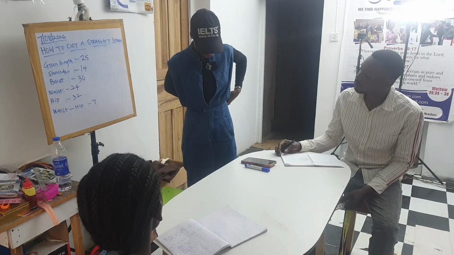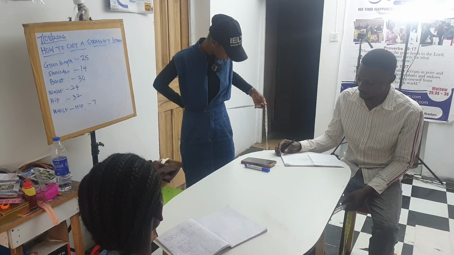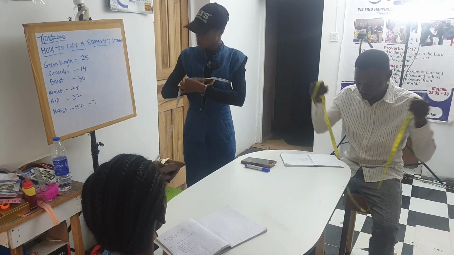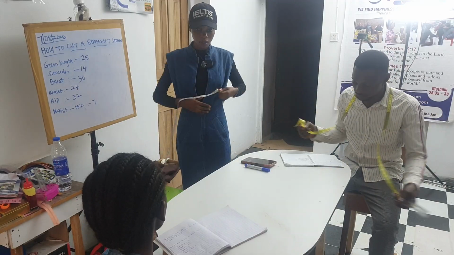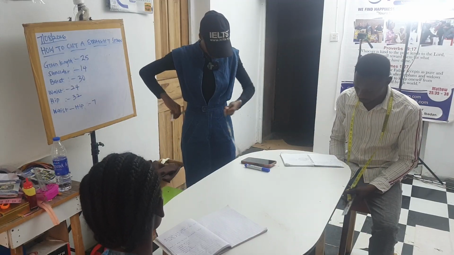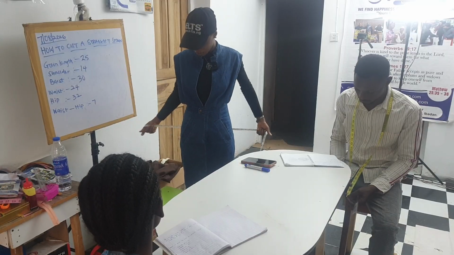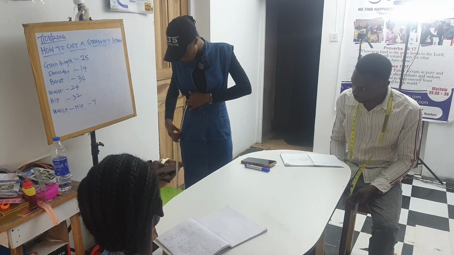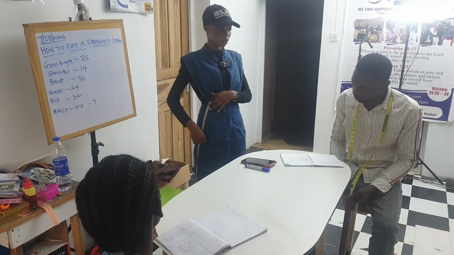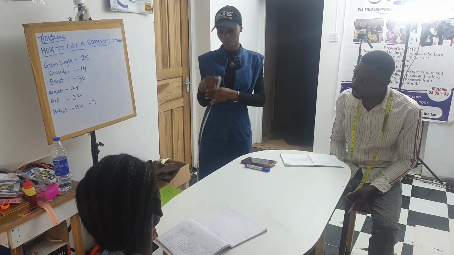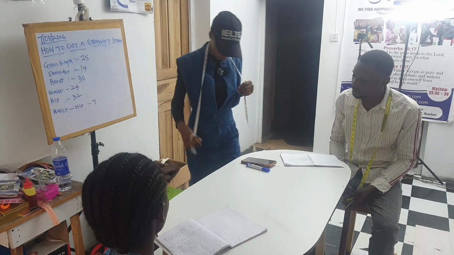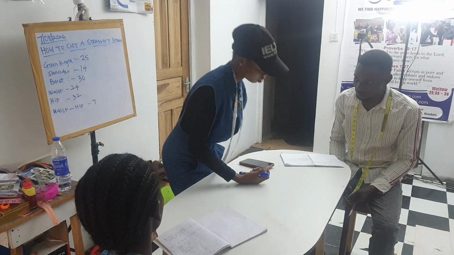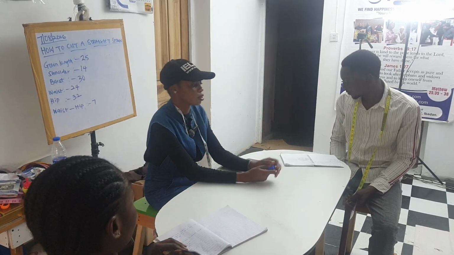Our bust is 30, waist 24, hip 32, and waist to hip 7. Do you understand? Okay, let's write before we start cutting.